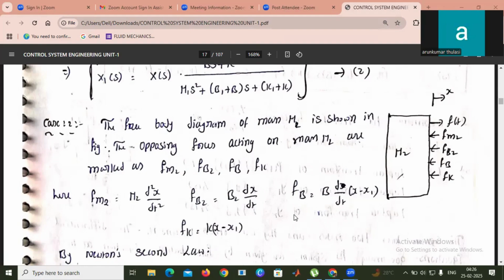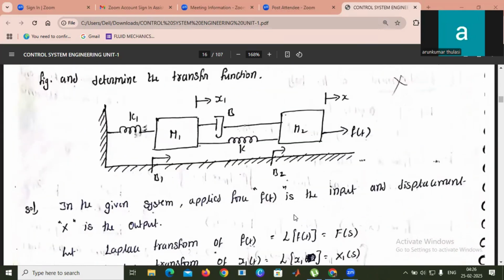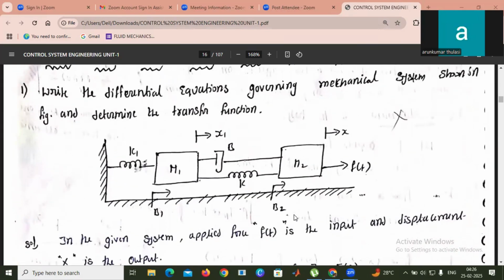So let me see the mass element M2, how many opposing forces it has and what they are. Here is the mass element M2, and it has one applied force F of t.